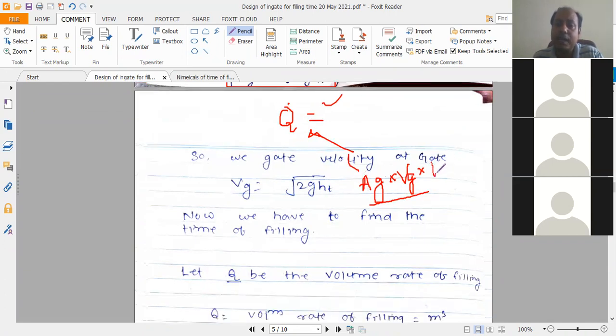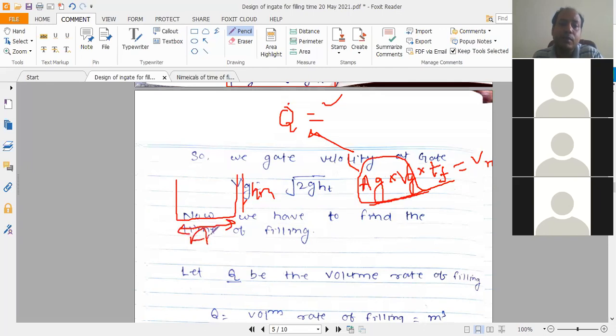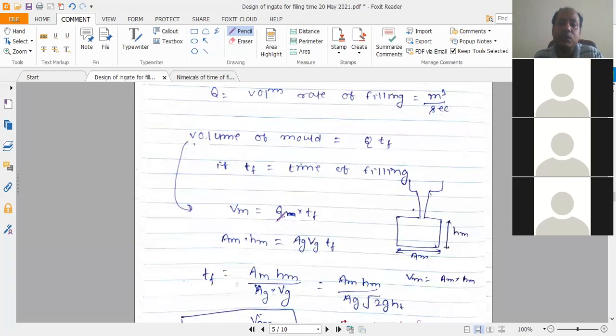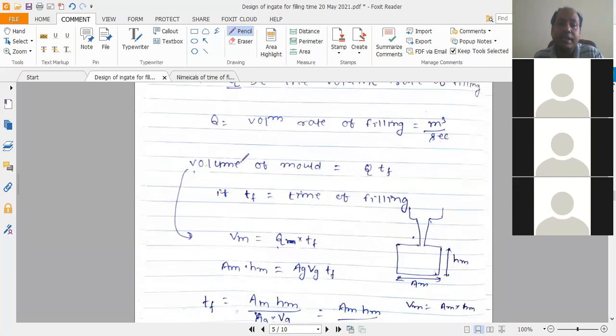If we multiply by the time, it gives the volume of mold, because this volume can be filled by the volume of mold, which means the capacity of the mold. Hm is the height and Am is the area. If we equate both equations, it will be equal to the volume of mold.